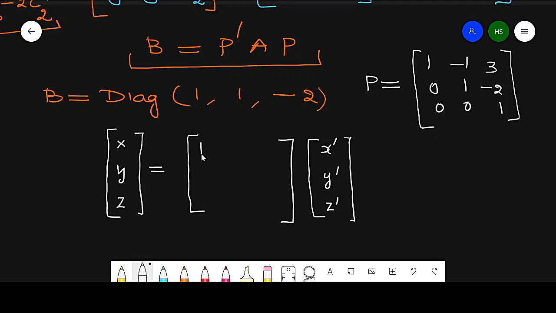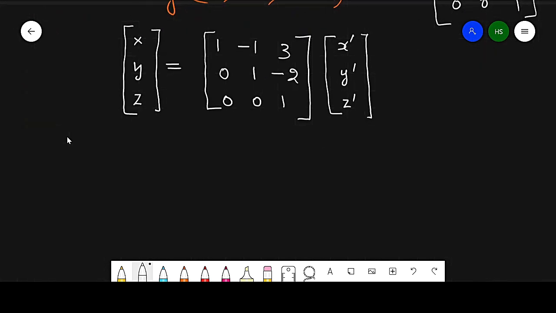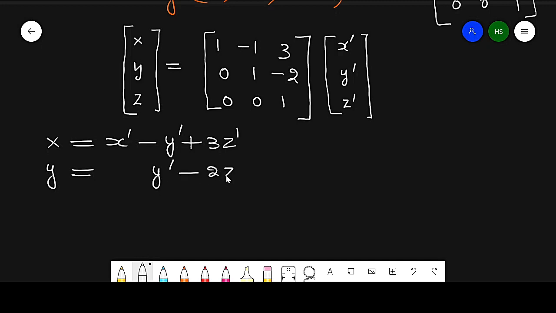So this is 1 -1 3, 0 1 -2, and 0 0 1, right? Now simplify this equation. So we get x is equal to x dash minus y dash plus 3z dash, second is y, which is equal to y dash minus 2z dash, and third is z, which is equal to z dash.